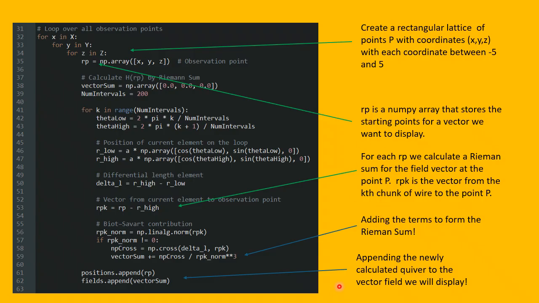Once we have that vector specified by its initial position and the direction which it's going, we will append those to the positions and fields arrays that we had earlier, which started as empty, and now in this big loop we're filling them up.